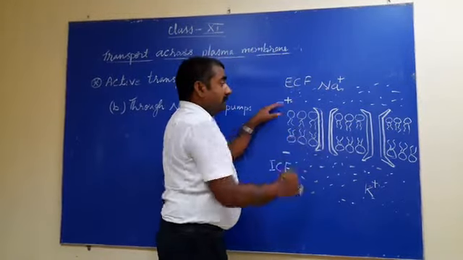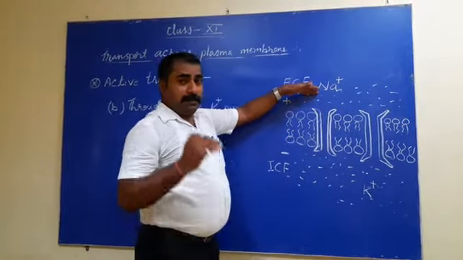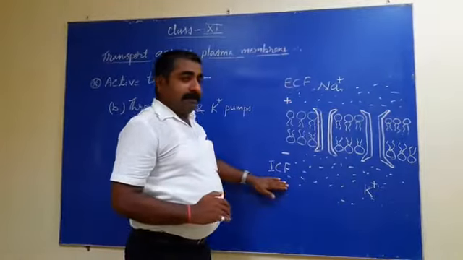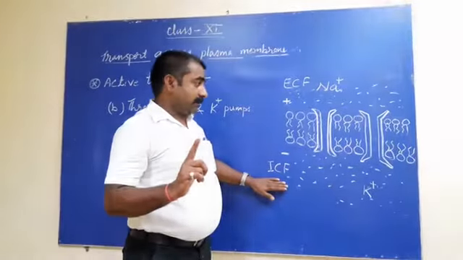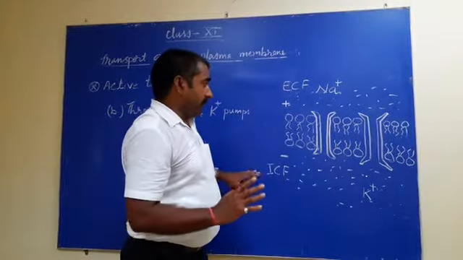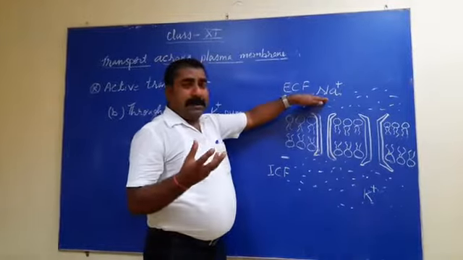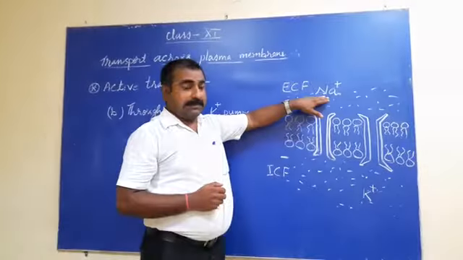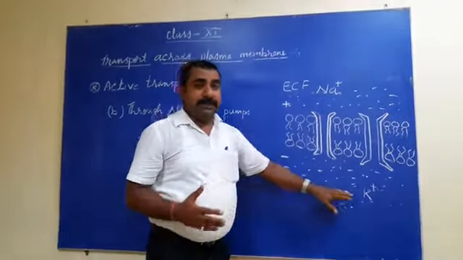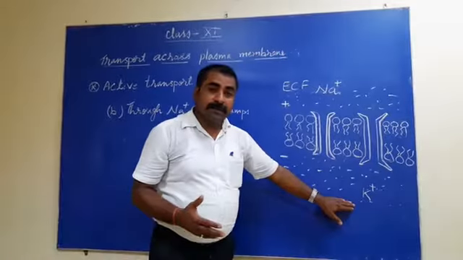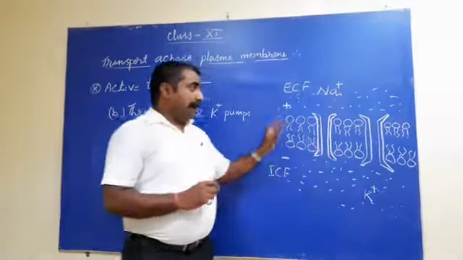ECF always remains positively charged and ICF always remains negatively charged. Now see here, the ECF has a high content of sodium ions, whereas the ICF has a high content of potassium ions. Now what happens here?